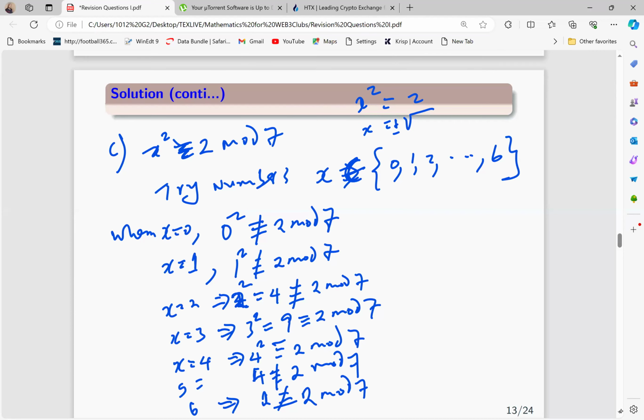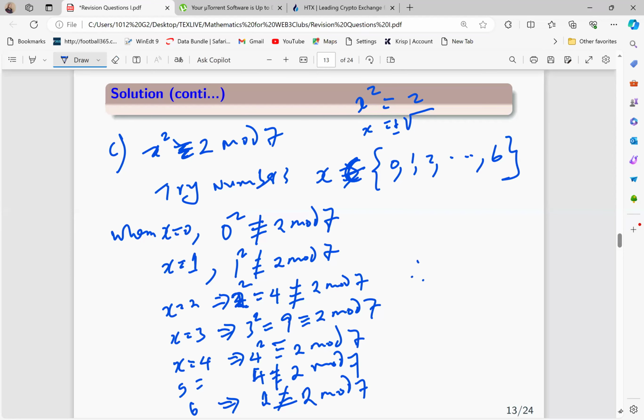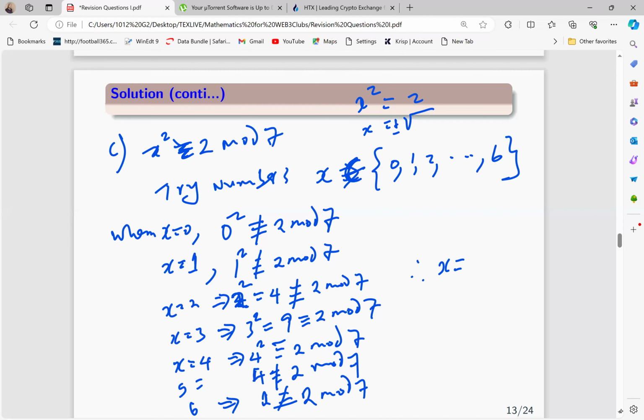So therefore, as we've seen, our x is 3 and 4.